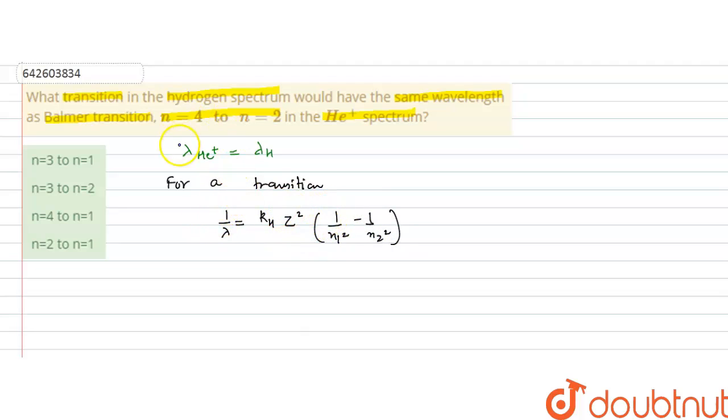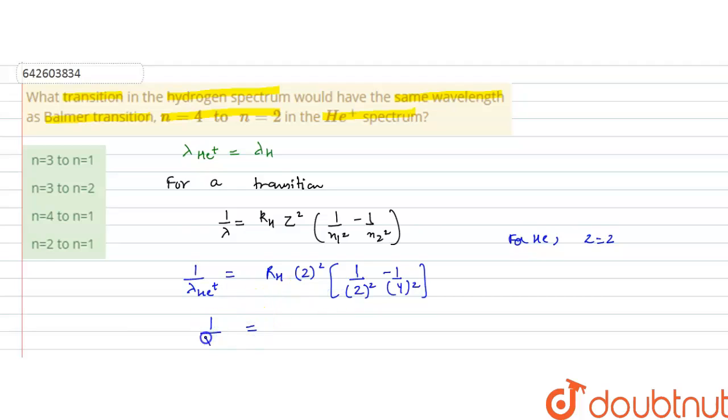Now if we write the Balmer transition, n = 4 to n = 2, then 1 upon lambda of helium plus equals RH, and for helium Z will be equal to 2, so it will be 2 square into (1 upon n1 square minus 1 upon n2 square), so n1 will be 2, so it is 2 square into (1 upon 2 square minus 1 upon 4 square).